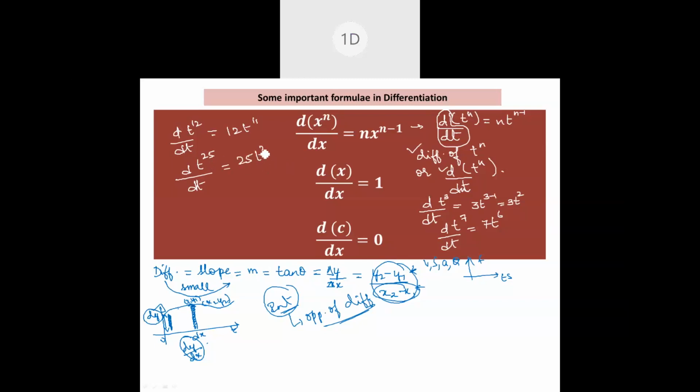Please tell me this differentiation. Differentiation of t power 36 becomes 36 into t power n minus 1.